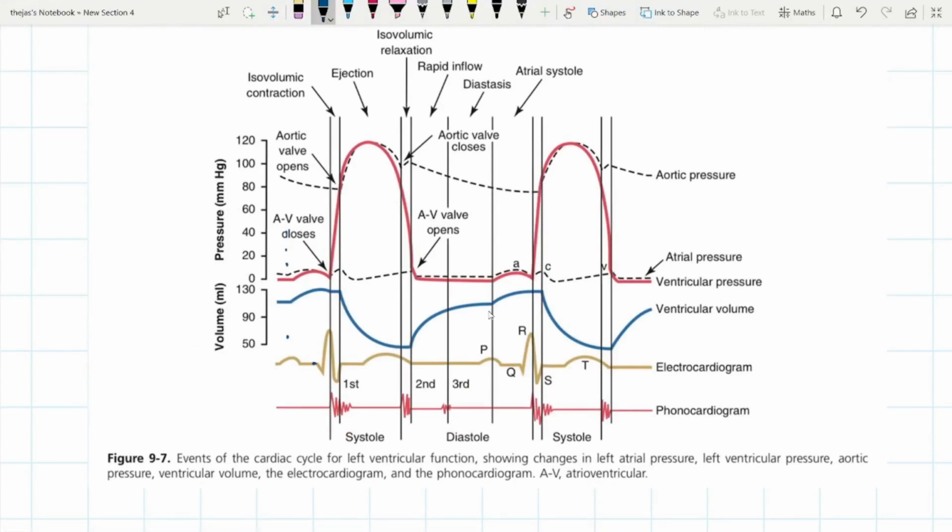See, this is the QRS wave, right? So almost here we can see, track this line. Yeah, see this ventricular pressure curve. There is an increase in pressure of the left ventricle. So just after QRS, there is contraction of the left ventricle.